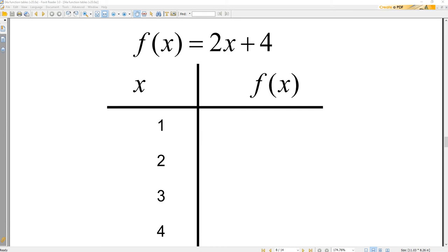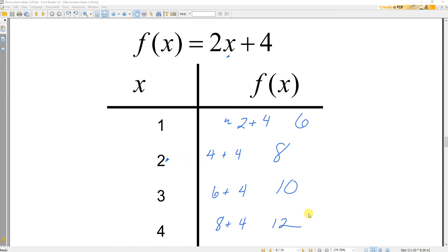Okay, so here I am, ready to draw. So 2 times 1 is 2, plus 4 means this would be a 6. 2 times 2, this 2 is going right here, so 2 times 2 is 4, plus 4 is 8. 3 times 2 is 6, plus 4 is 10. 4 times 2 is 8, plus 4 is 12.